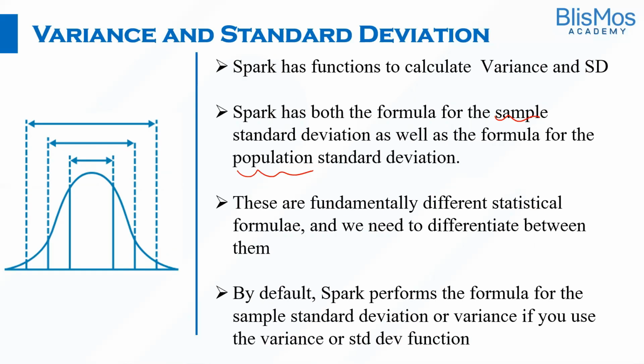When we come to the statistical functions, some of the functions including variance and standard deviation can be computed on sample data and also population data. There is a difference in that.